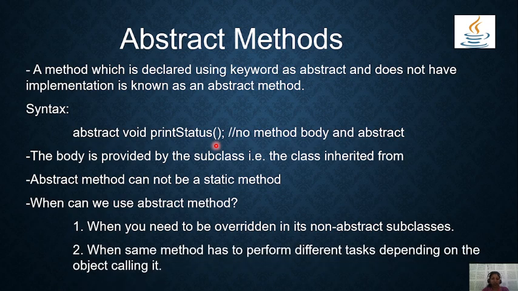And another is when some method has to perform different tasks depending upon the object calling it. Like if we consider the scenario that there is a shape class, and in that we have different shapes: rectangle, square, circle. All these shapes have a common method like get area.